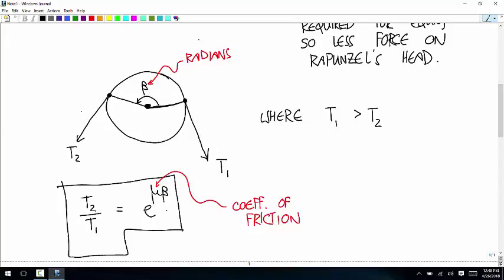I'm sorry, I did this backwards. So T2 is the force that you're trying to support.